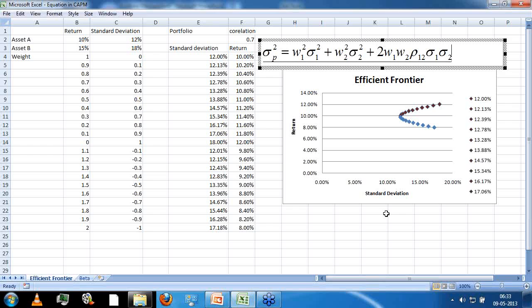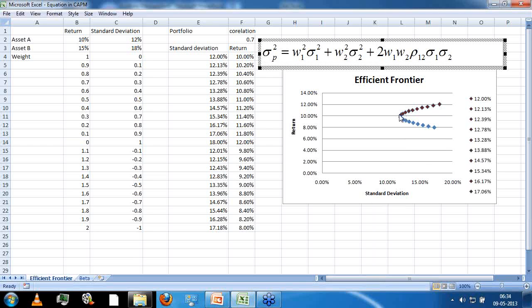So as a smart investor, you will choose those returns which are superior, because at the same level of risk, you are getting a higher return.